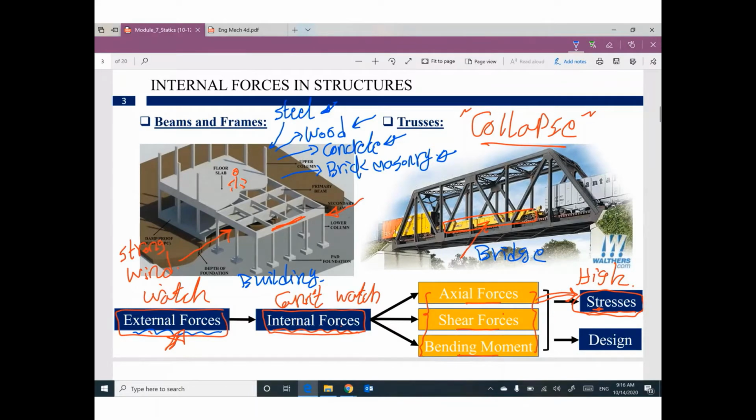What do you think? The strongest one is steel, then concrete, then brick masonry, then wood. So I have to compare the created stresses with the strength of the material. The material must be stronger, must be greater than the created stress to make your building safe. Anyway, it's not our issue in this course.